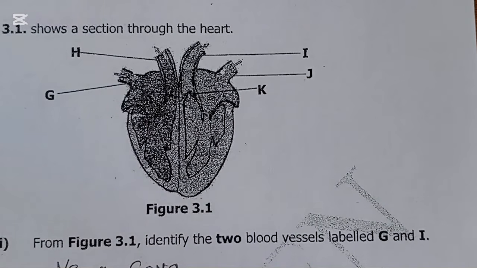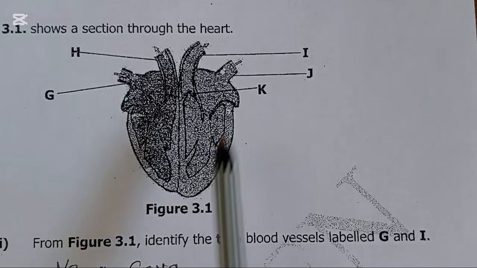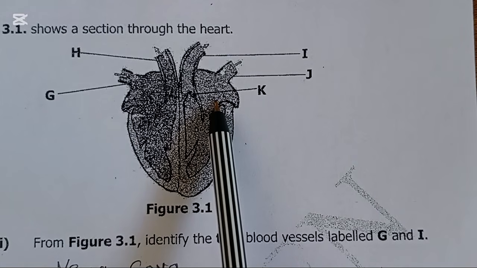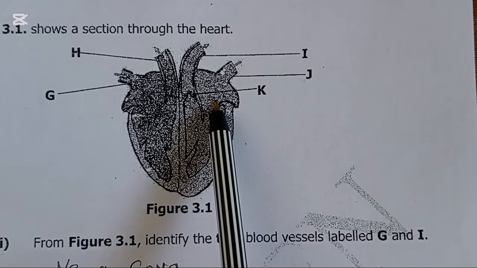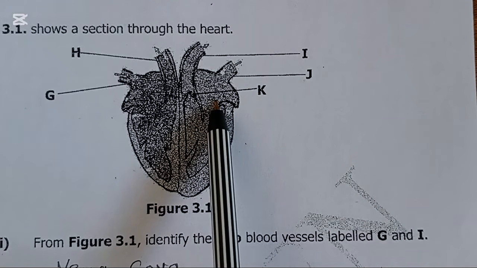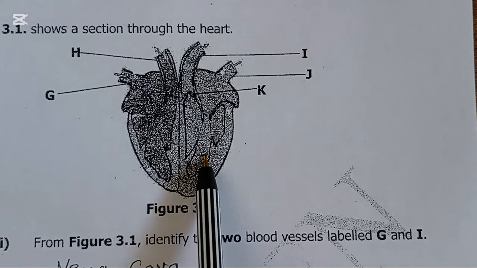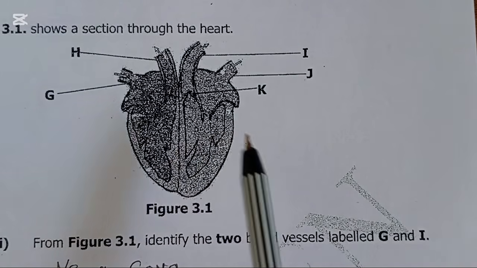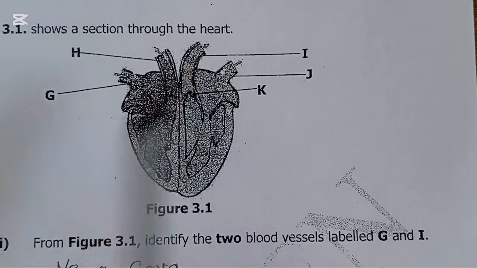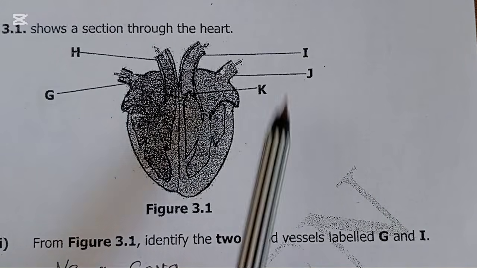The pulmonary vein is the blood vessel that carries oxygenated blood from the lungs to the left atrium. From the left atrium, blood will move to the left ventricle. From the left ventricle, blood will be pumped to all parts of the body through the aorta, which is I.